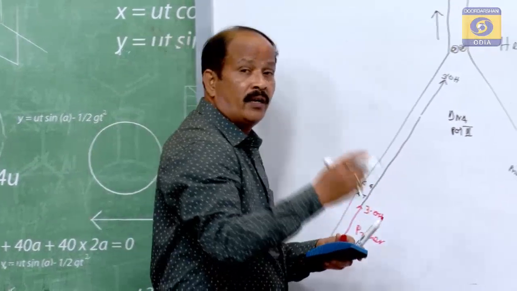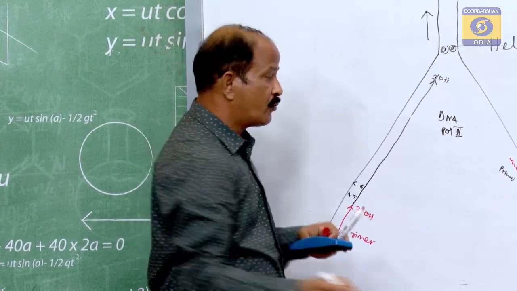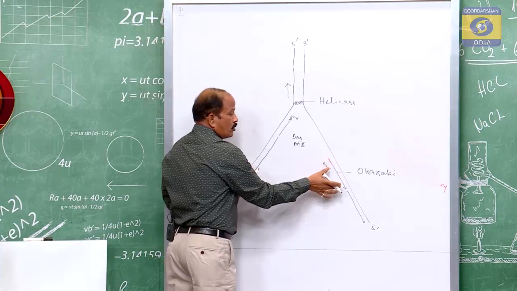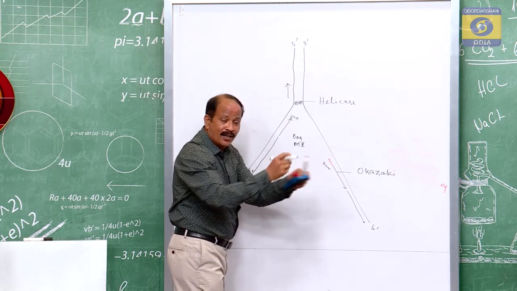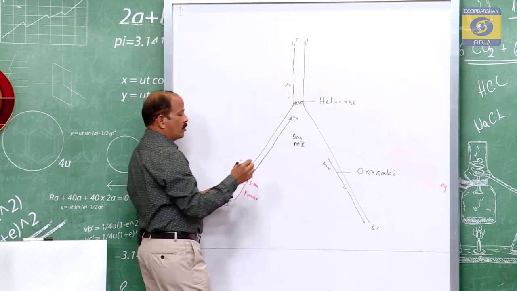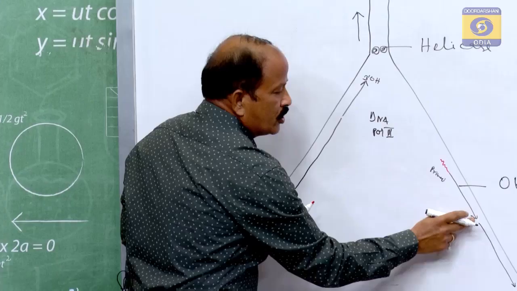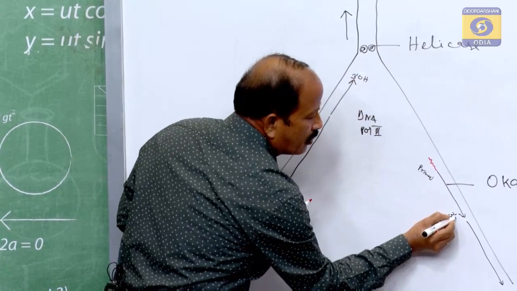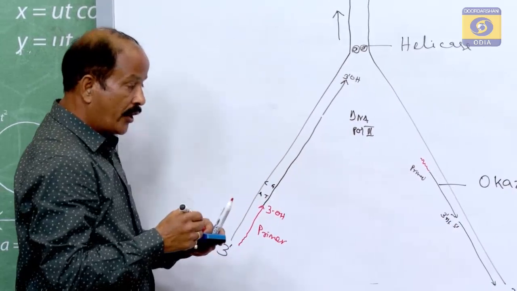By a radio labeling, tracing technique, he found that the new strand is synthesized as patches, and subsequently they are joined together to make it continuous. How does this happen? Now, this is a primer, and this is the 3'OH end of the DNA. Now, this is the 5' end.